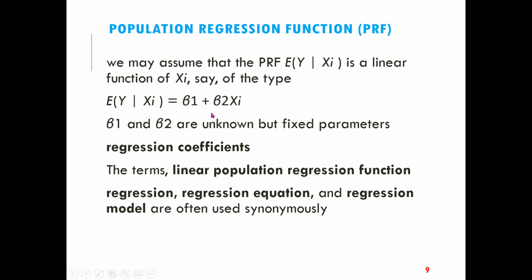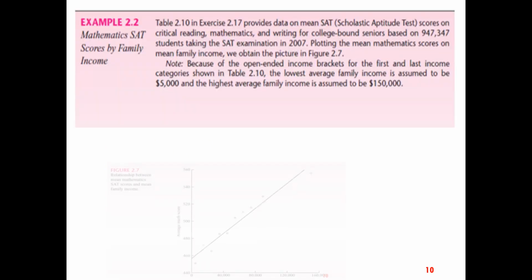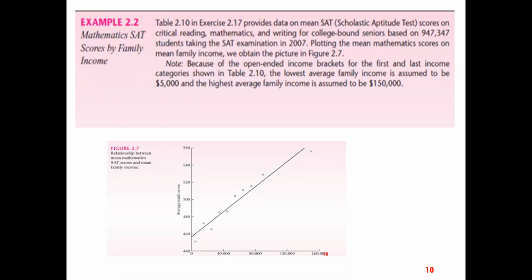So now you can see that this is a linear expression. That's why I've called it the linear population regression function. I'll also come in detail to why only this type of form is linear, or whether there are other alternative forms that you can call linear. So proceeding further, let me introduce another example.